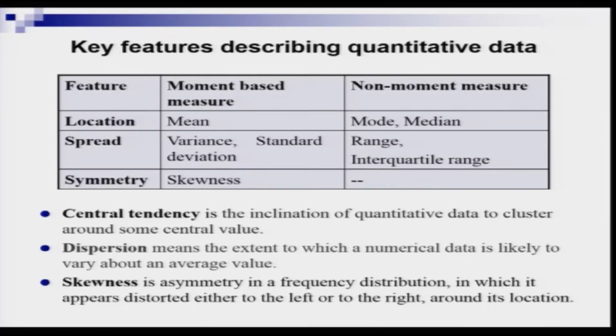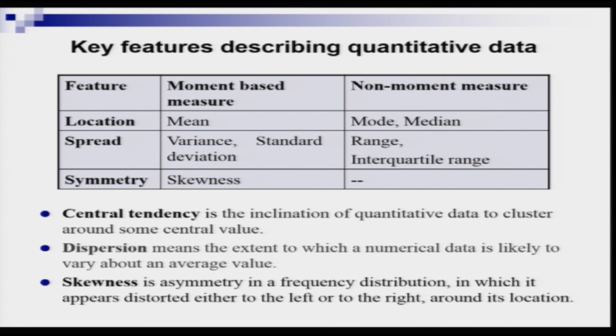So, this table is showing key features describing the quantitative data. Broadly speaking we are interested in 3 features; there could be other features, but for this course if we learn these 3 that will be good enough.